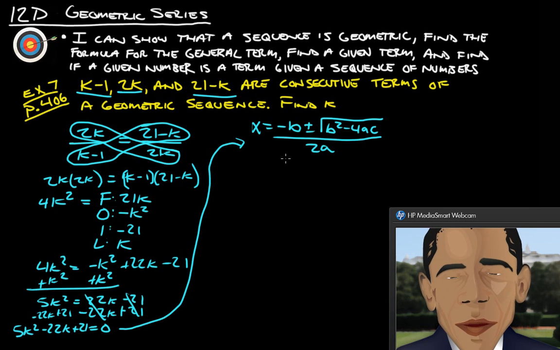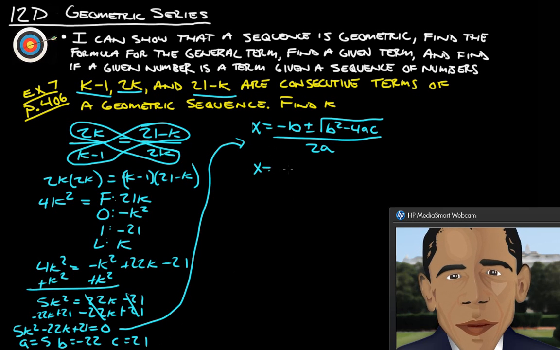Okay, let's continue on. From this we know that A is 5, B is negative 22, and C is 21. So now we can plug that into the quadratic.